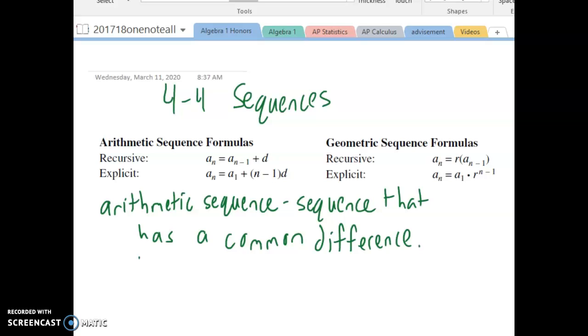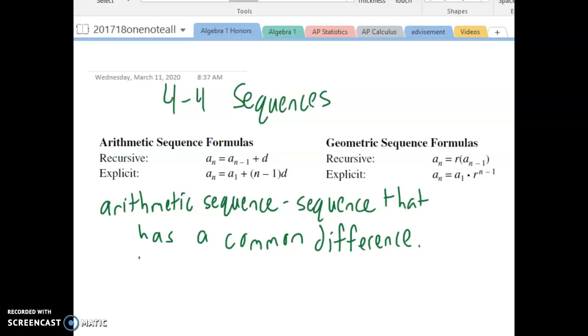That means that we are multiplying by the same number each time to get to the next number. What type of function have we studied that is defined by multiplying over and over again to get to the next place on the function? Exponential, that's exactly right.